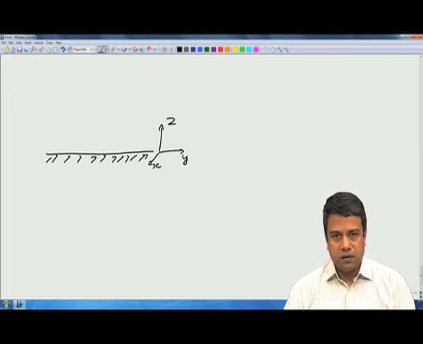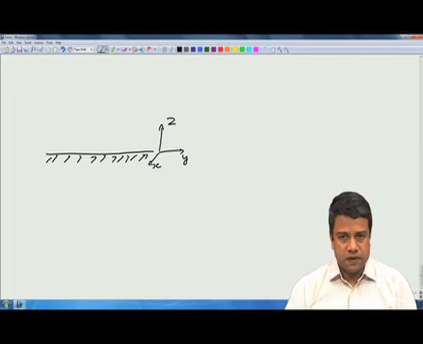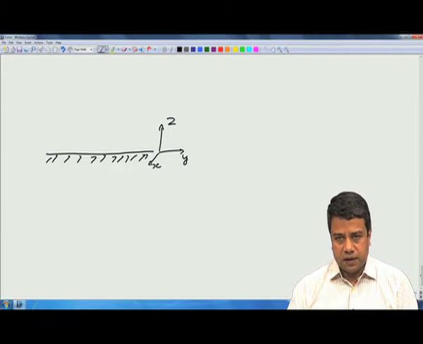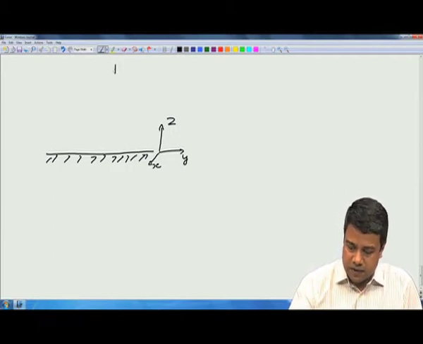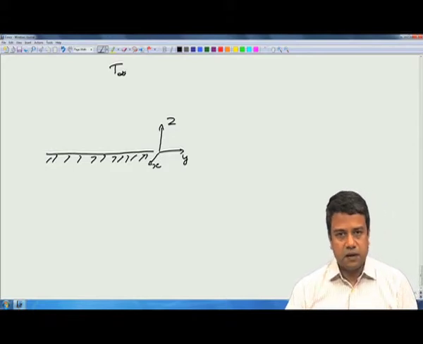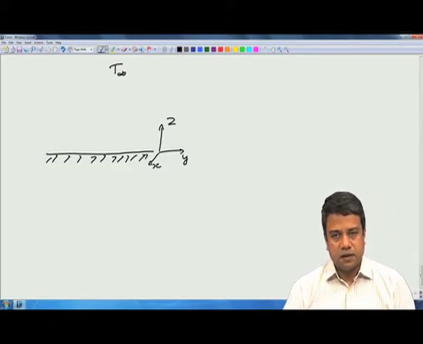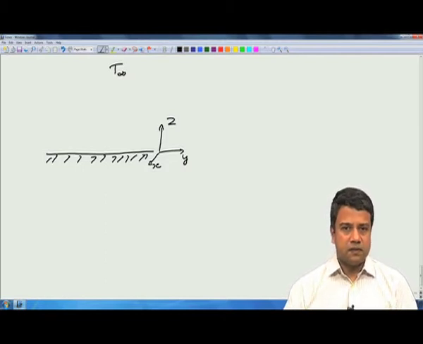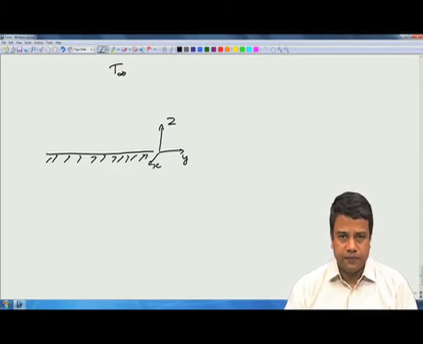And we will consider the fluid above the surface to also be of infinite extent. We will consider a heat transfer problem first. Initially the system is prepared in such a way that the fluid temperature everywhere is equal to T infinity, let us say room temperature.